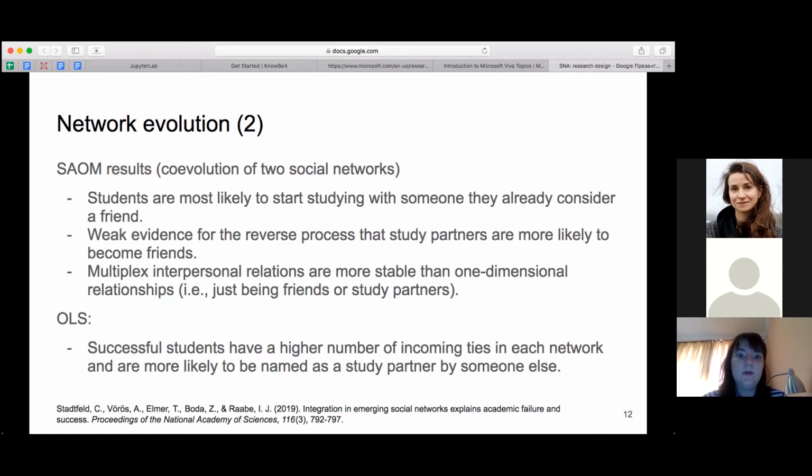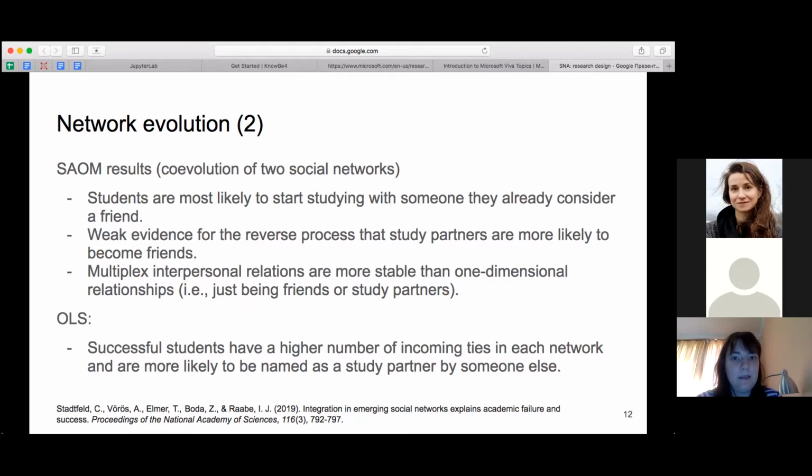And they asked a question: how do people study together? And it turns out that students were most likely to start studying with someone that they already consider a friend. Interestingly, they found very weak evidence for the reverse process, that study partners are more likely to become friends.